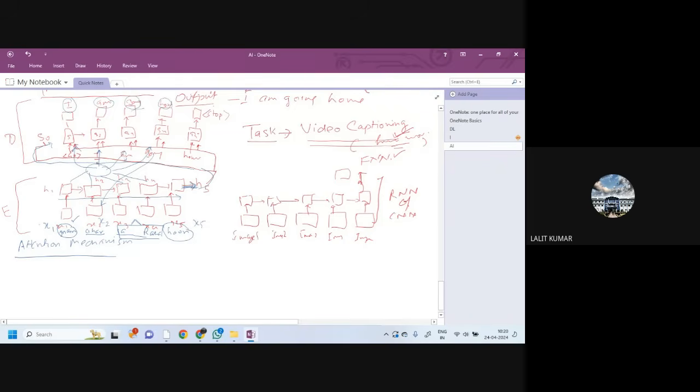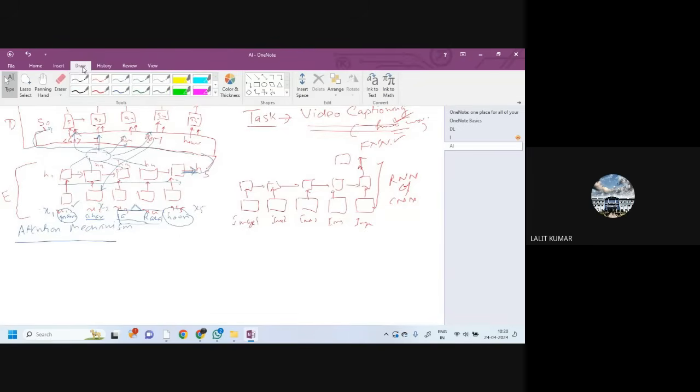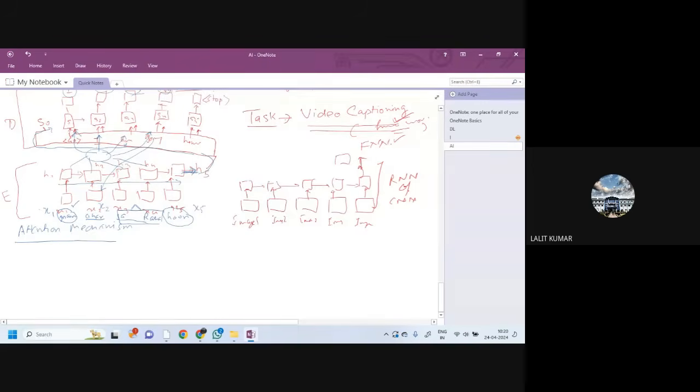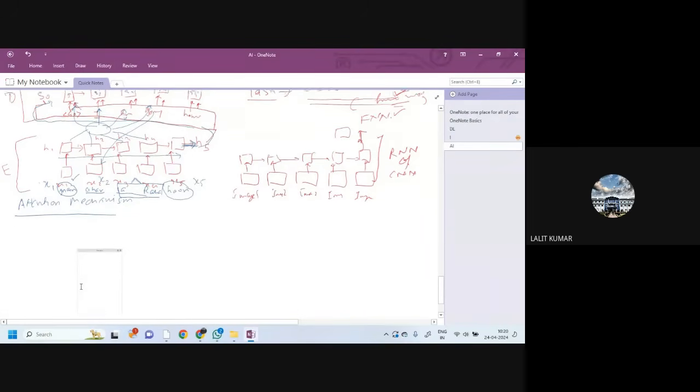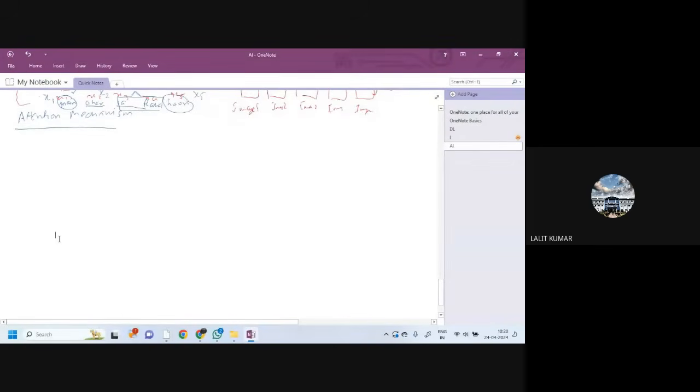So how to achieve this? What we can do is, this is H1, H2, H3, H4, H5.